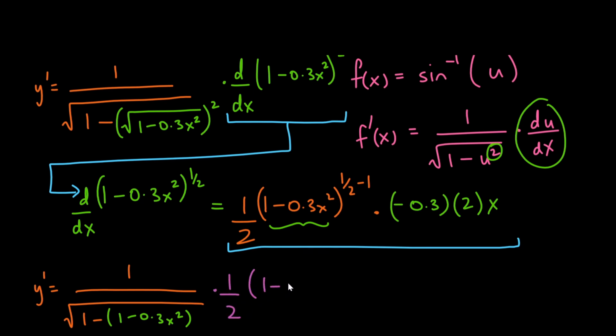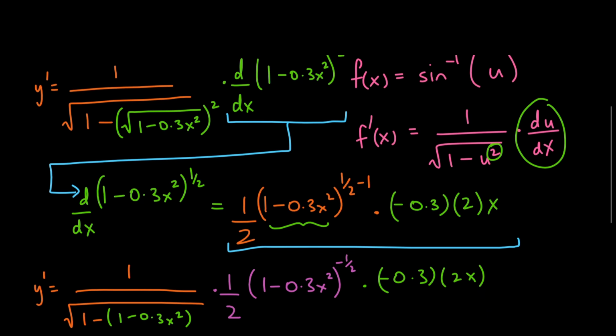1 minus 0.3x squared raised to half minus 1 gets you negative half, and then you multiply that by this term, and that'll be negative 0.3 times 2x.